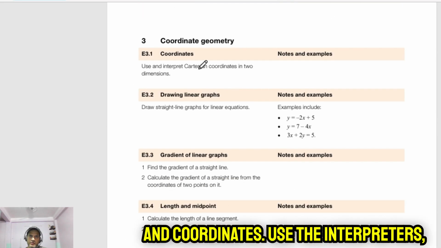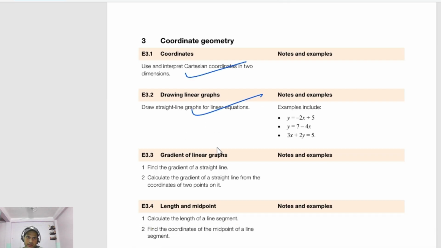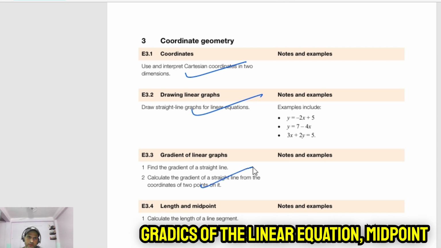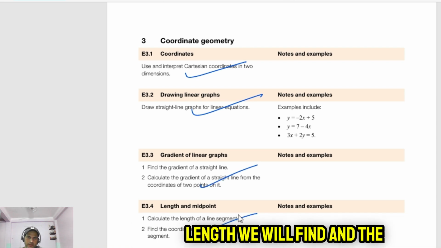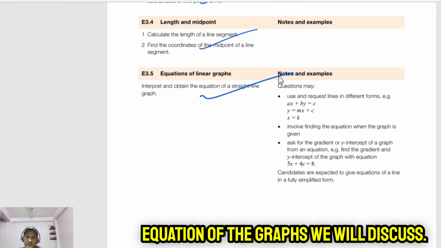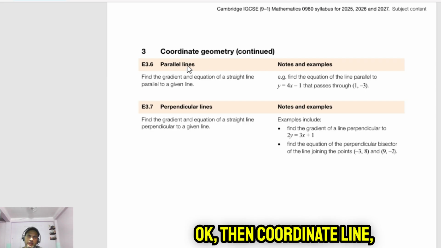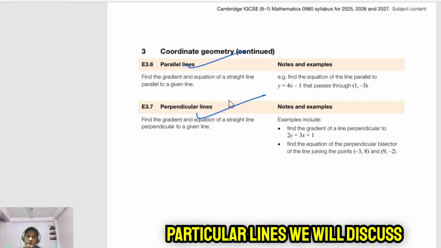And coordinates, use and interpret. Cartesian planes, drawing lines, gradients of linear equations, midpoint, length we will find, and the equation of graphs we will discuss. Then coordinate geometry, particular lines we will discuss.